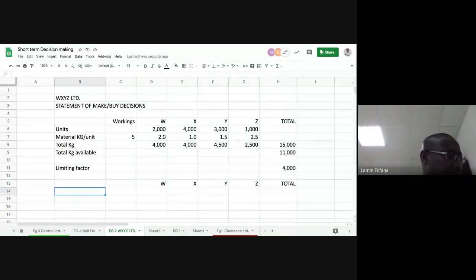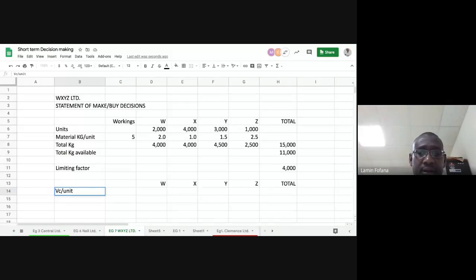Okay, so we still have the same products, W, X, Y, and Z. Okay, and like I said, we have to look at our variable cost per unit of making. Then we look at our variable cost per unit of buying. Then we compare. So I say VC unit of making, okay, and the variable cost per unit of buying.